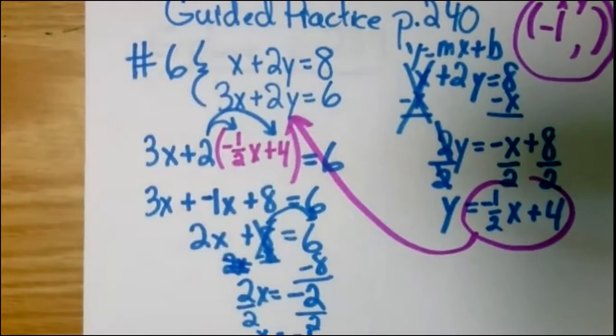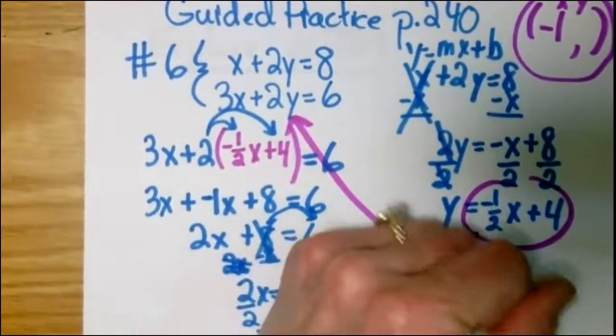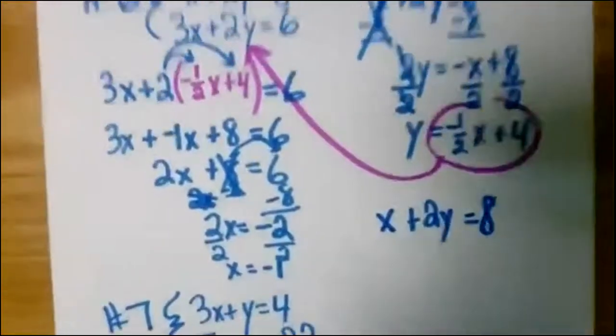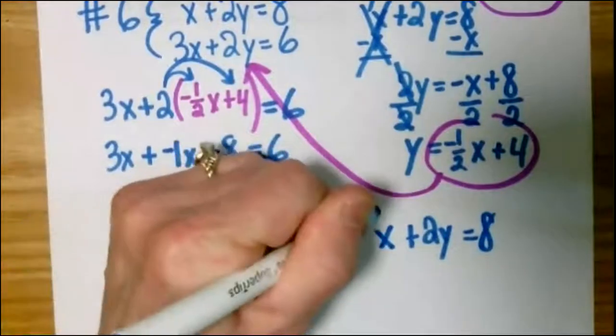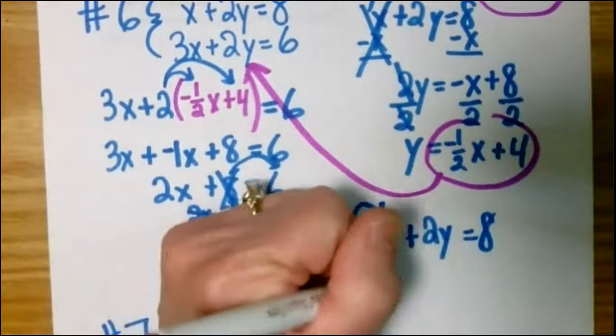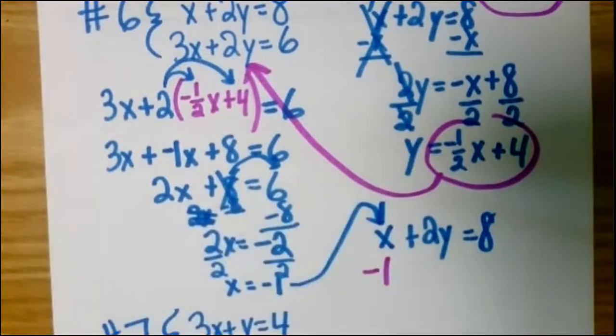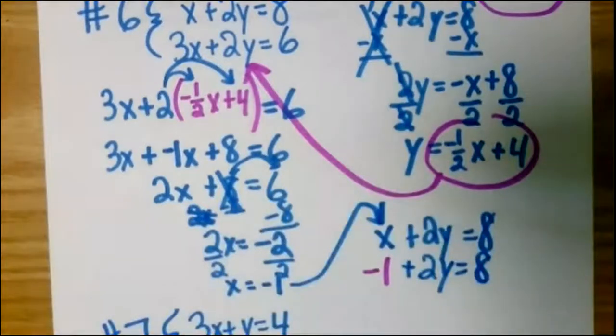So I have X plus 2Y equals 8. And I'm going to plug my negative 1 in for X. So negative 1 plus 2Y equals 8.